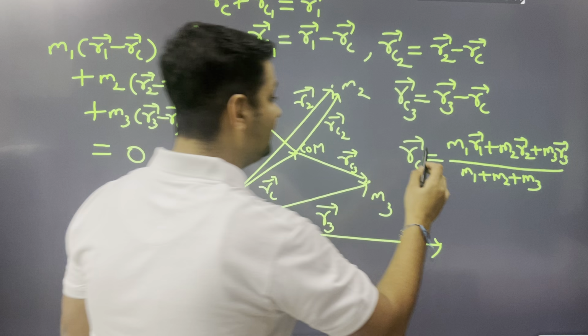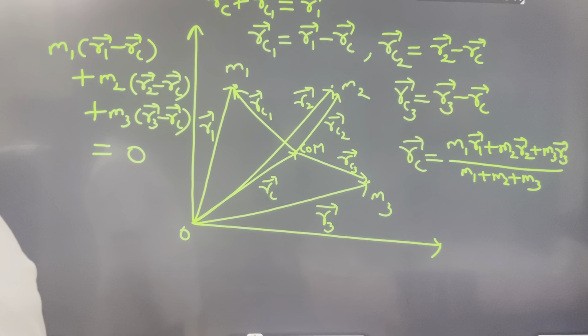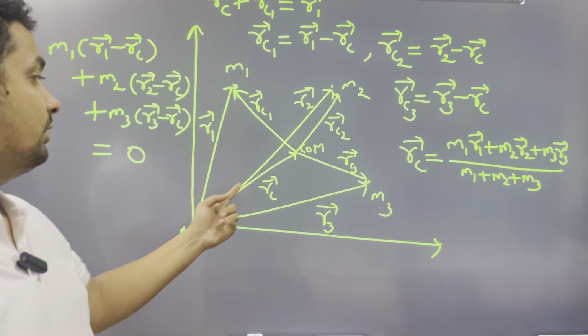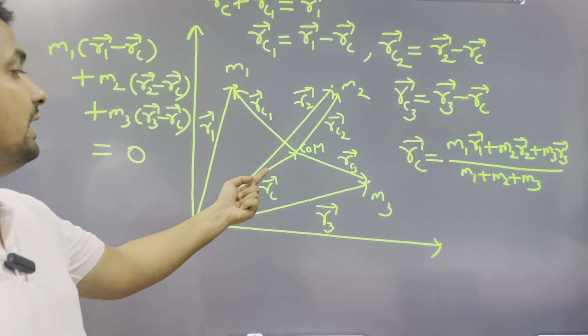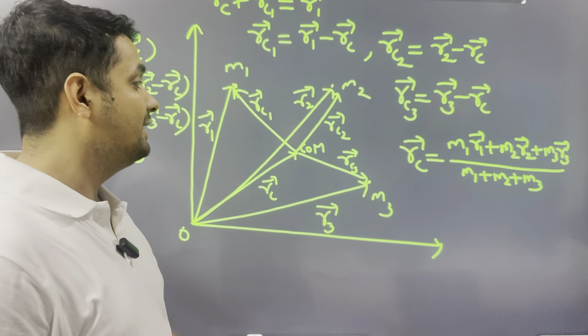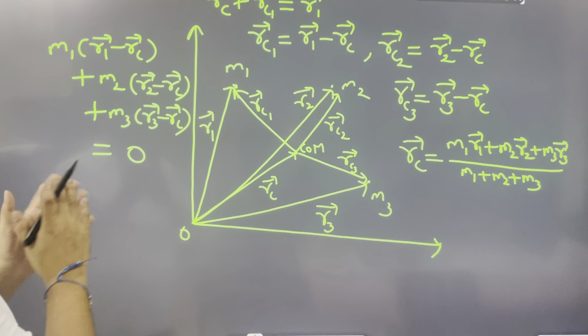So this is the RC vector that we wanted to find. We got the position vector of the center of mass by doing this.